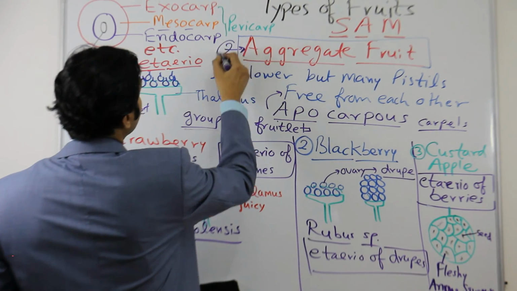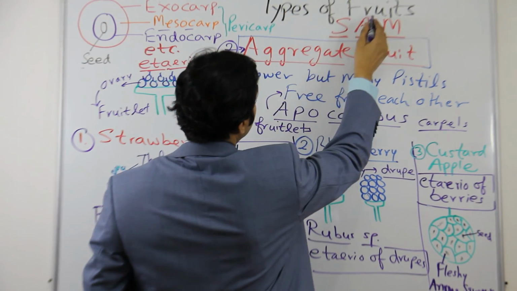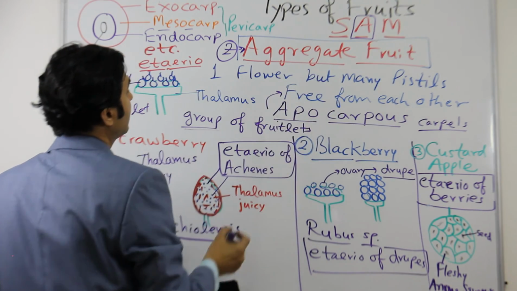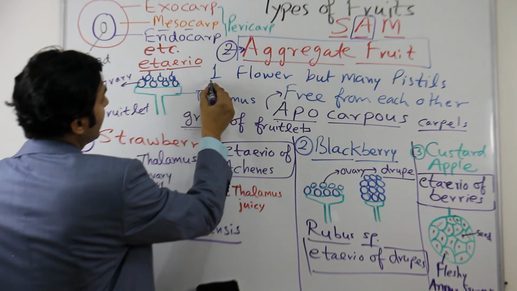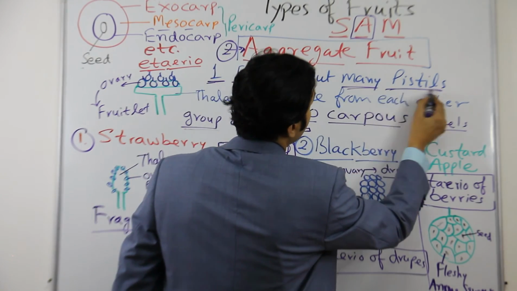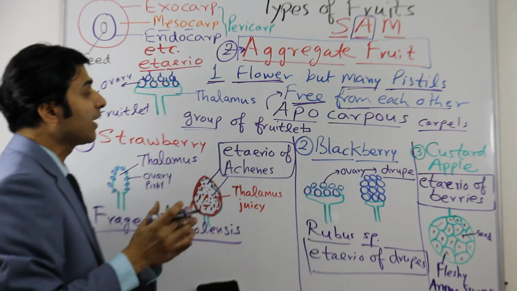So this is how we basically discuss the aggregate fruit. This is number 2. We already discussed that the first one is simple fruit. Second one was aggregate. The basic definition of aggregate is one flower but many ovaries or pistils which are free from each other. They are not combined.